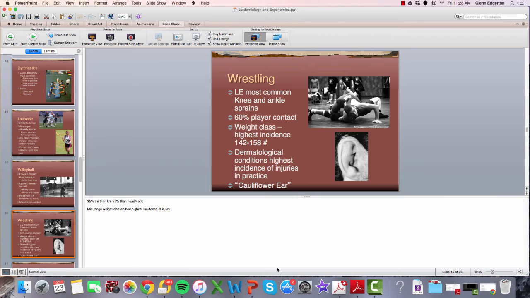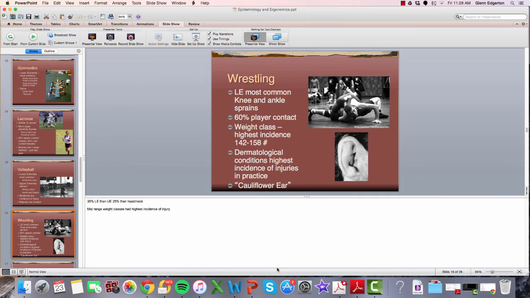And that's really where most wrestlers fall into anyway, which would make sense on why that's the highest incidence. That's how much most of the wrestlers weigh anyway, and the other ones that are heavier than that or lighter than that really have to work to get to those weights. So we don't have as many wrestlers wrestling in that category. So maybe that's why we're seeing a higher incidence of rate there, as well as just lower extremity injuries.